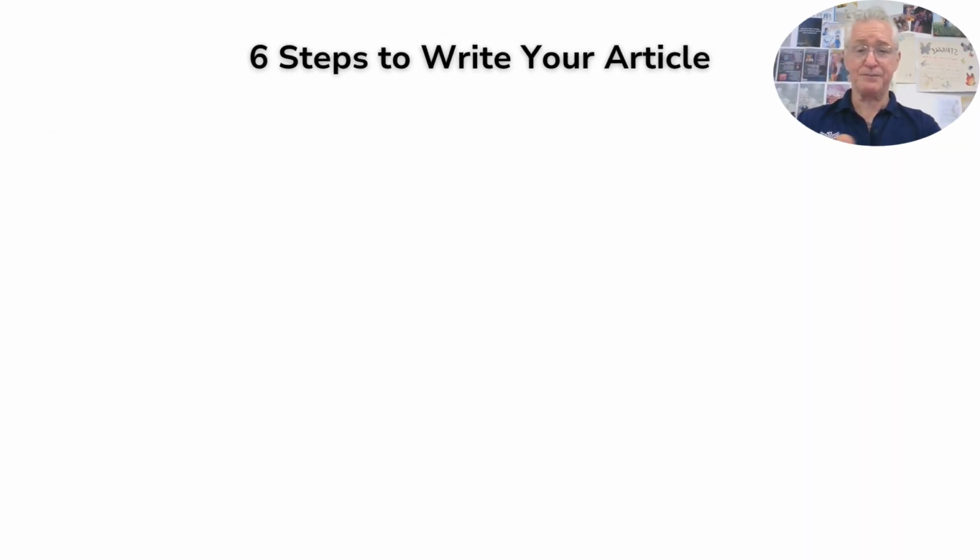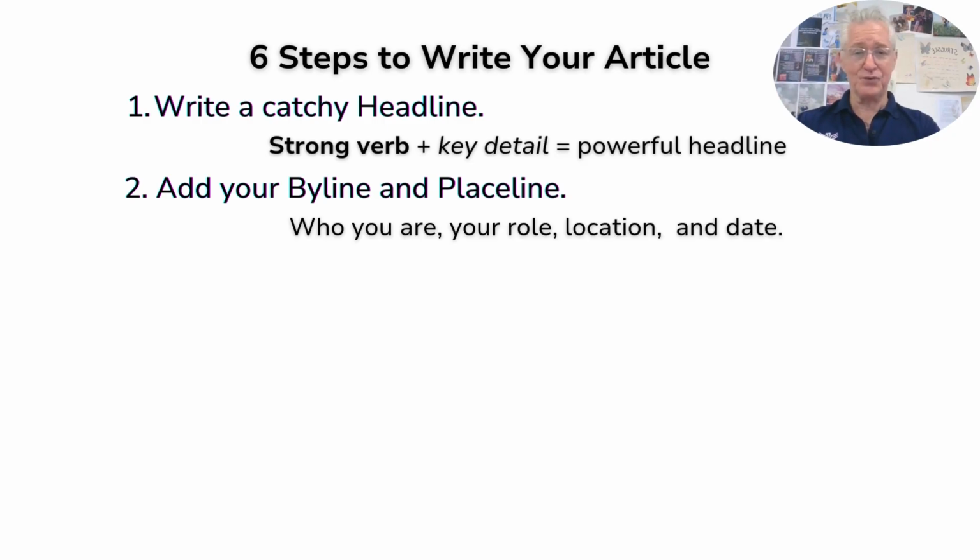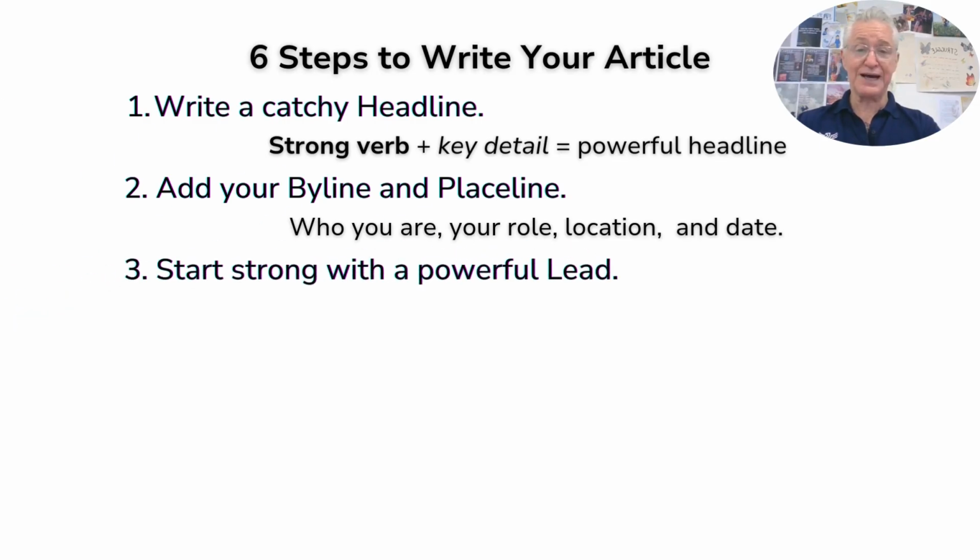So let's recap the 6 steps to writing your article. Number 1, write a catchy headline that has a strong verb plus a key detail. Number 2, add your byline and placeline. Remember who you are, what your role is, the location and date. Number 3, start with a strong and powerful lead.